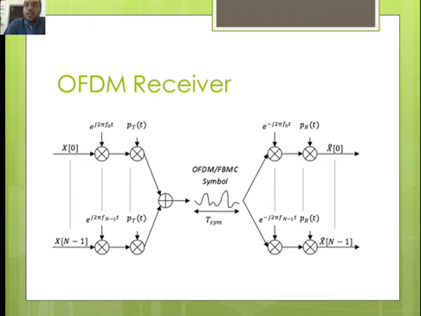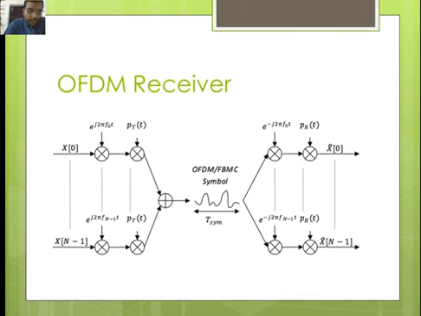We add something called a cyclic prefix. So typically the length of an OFDM symbol is capital T, which is the sum of the symbol duration plus the cyclic prefix.